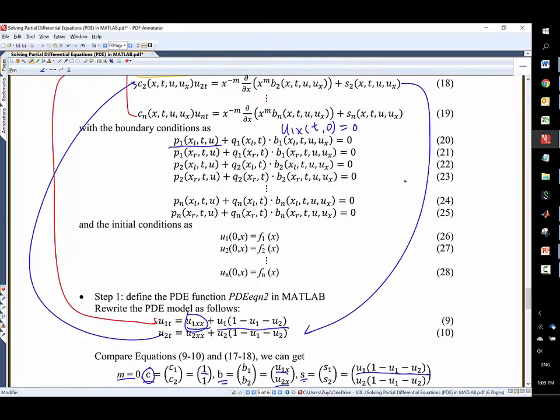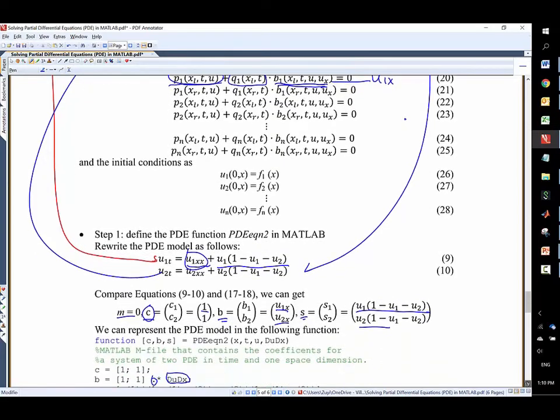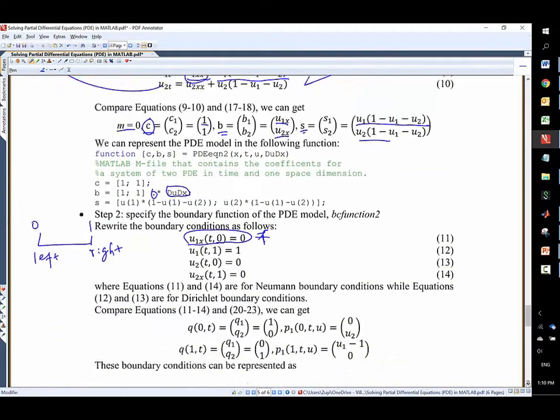You get this equal to 0, because I'm not keeping that term, and this one here you will still keep u1x. So b1 equal to u1x, and then q1 equal to 1. So that's how you get q1.